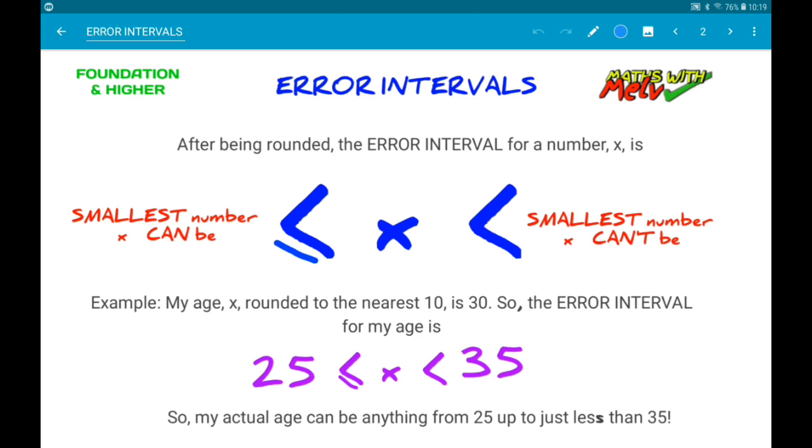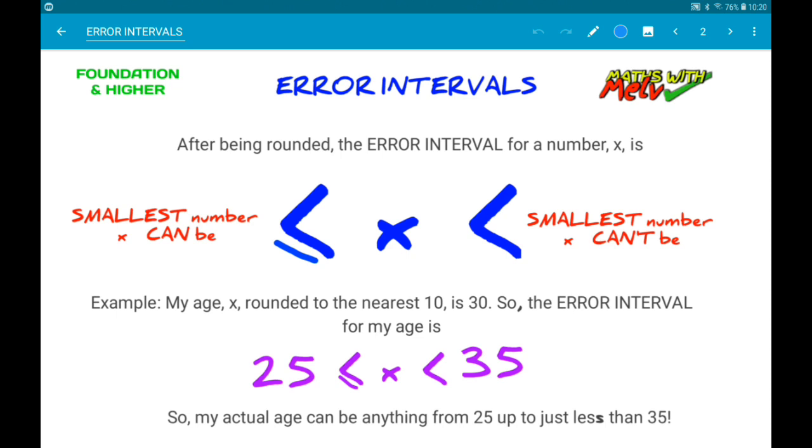So, for example, my age rounded to the nearest 10 is 30. So the error interval of my age, if we call it x, is x greater than or equal to 25. I could be 25 and my age would round up to 30, and then the upper bound is 35.